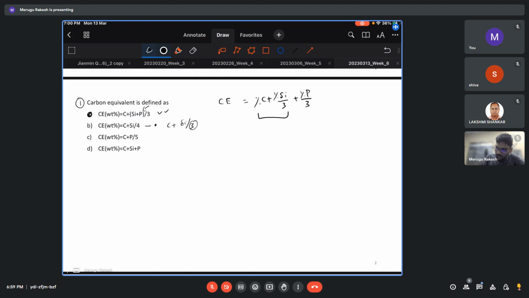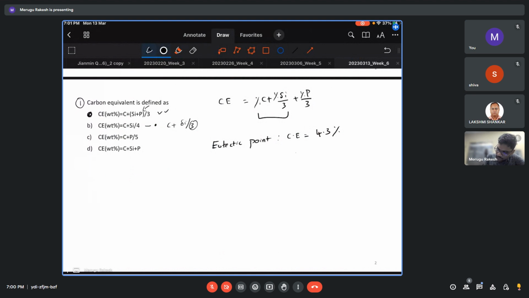In general, at the eutectic point, we have a carbon equivalence of 4.3 percentage. Yeah, 4.3 percentage.